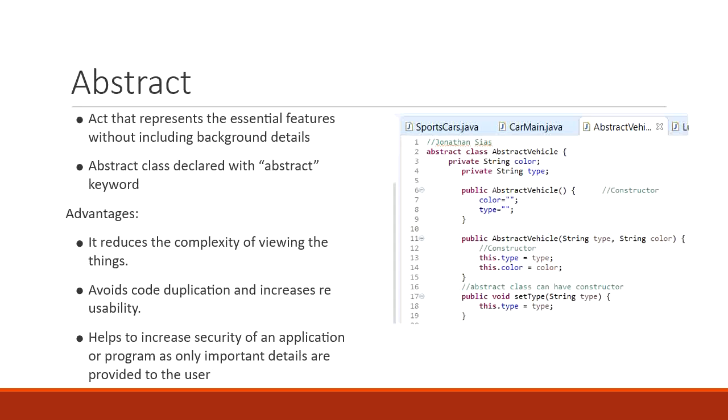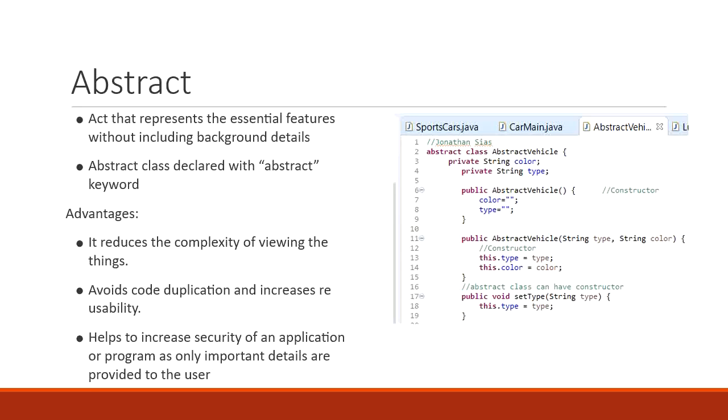An abstract represents the essential features without including background details. The general form of declaring an abstract class is the keyword abstract class, followed by the class name, and the body of the class enclosed by curly braces.